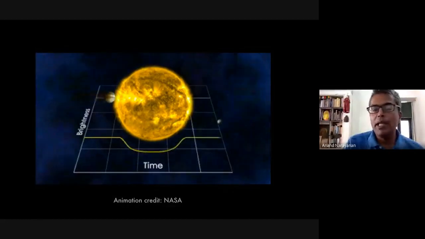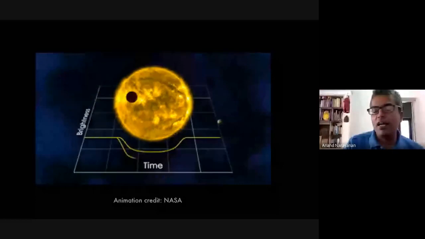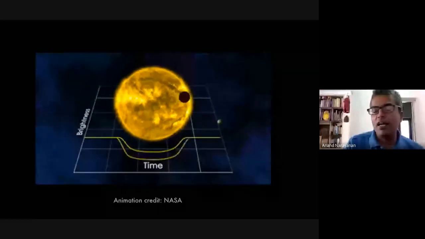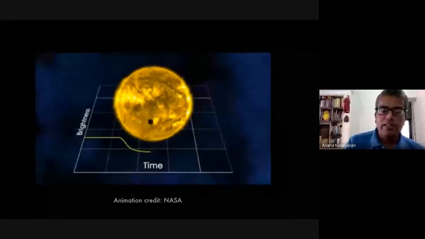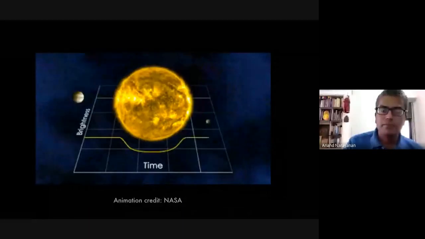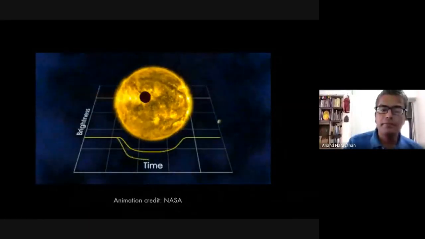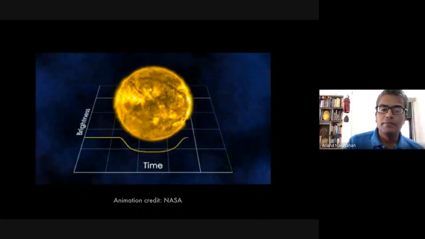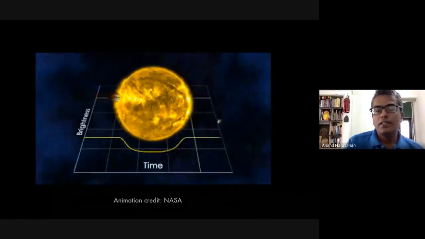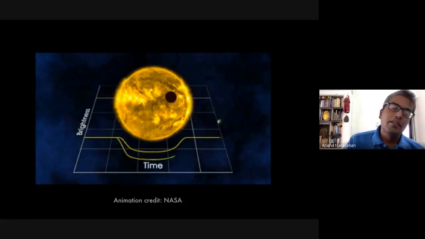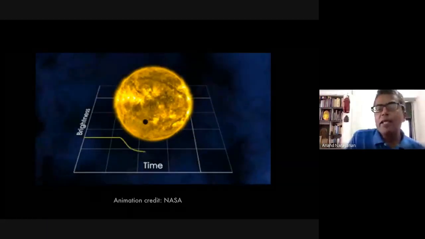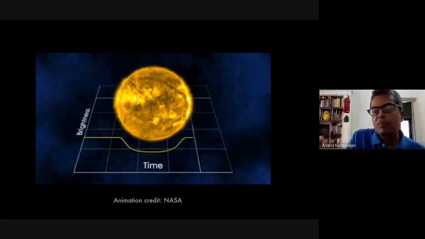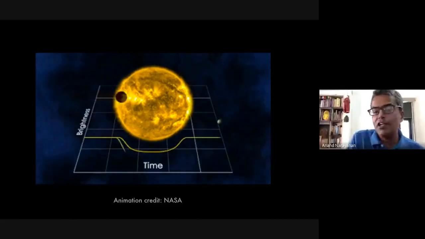A bigger planet is going to block a much larger amount of light. Okay, as shown in this visualization. So the size of the planet plays a role in how much light gets blocked as it transits in front of the star.